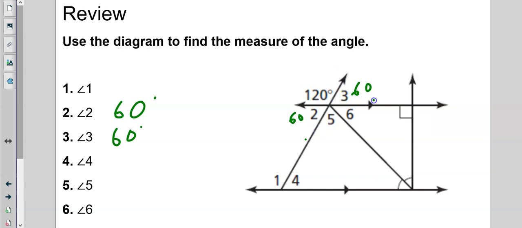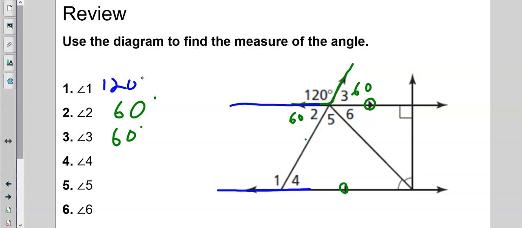Now, something else to notice here is we have parallel lines, which means angle 1, this obtuse angle, is corresponding here with the 120. Remember, if I carry these out, then 1 is an interior angle and 120 is an exterior angle. 1 and 120 are the same thing.